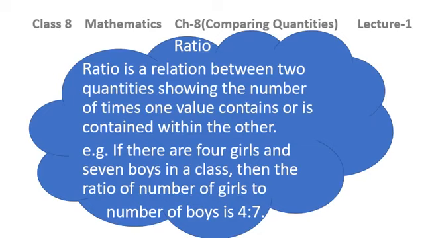4 is to 7. This is the ratio 4 ratio 7. So here 4 represents the number of girls and 7 represents the number of boys. So what do you mean by a ratio? Ratio is a relation between two quantities showing the number of times one value contains or is contained within the other. 4 ratio 7 is the relation between two different quantities.